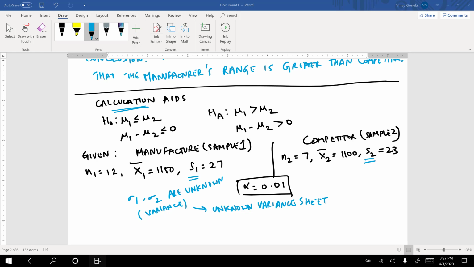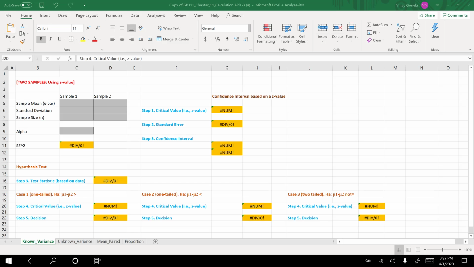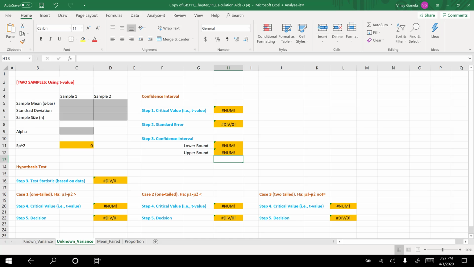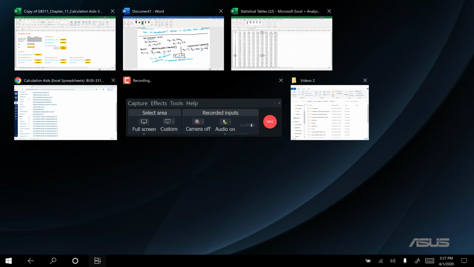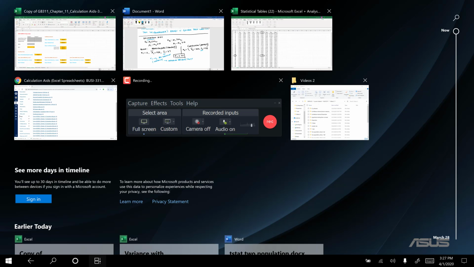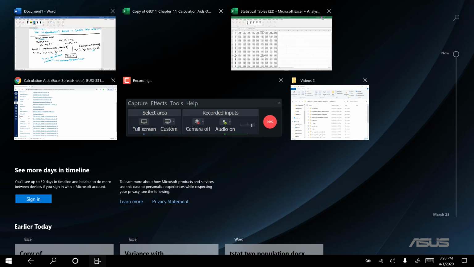So you go to the unknown variance sheet, and let me see what values we need first.